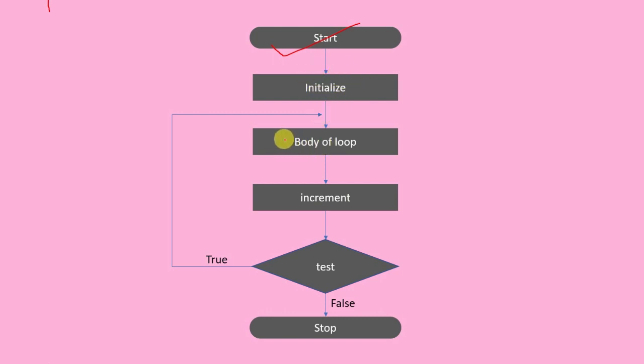The body of the loop means our loop starts from initialization, then the body and increment, then it tests the condition.